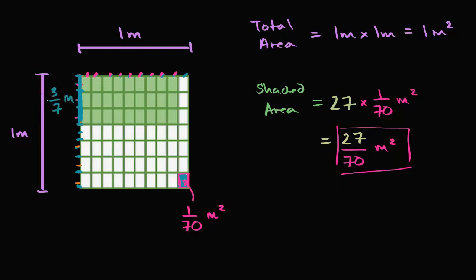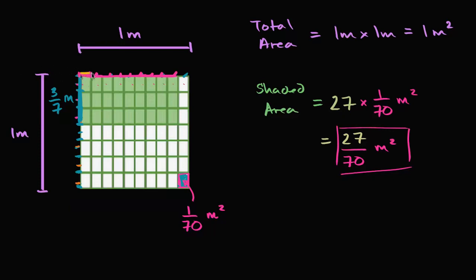Now, by that same logic, what is the width going to be? Well, we can see that the entire meter has been divided into 1, 2, 3, 4, 5, 6, 7, 8, 9, 10 equal sections. So going from here to here is going to be 1/10.